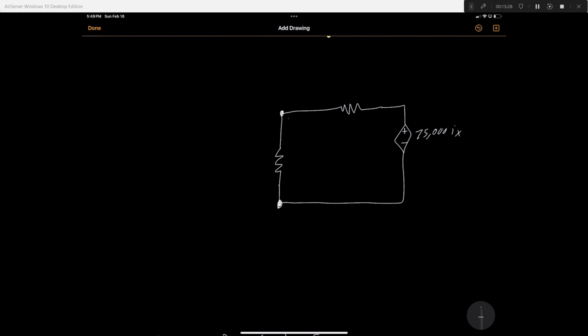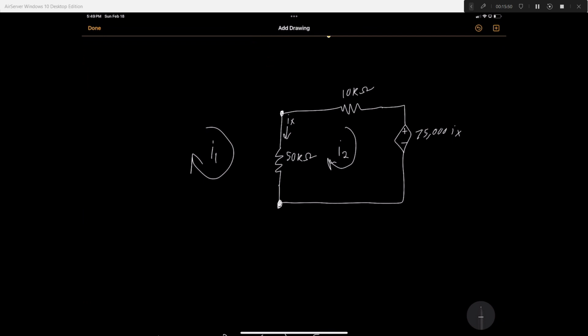Then I sub x is given to us going down this way. I sub 1 is over here. Then we have I sub 2 over here. These values are 10 kilo ohms, 50 kilo ohms, and that's that.